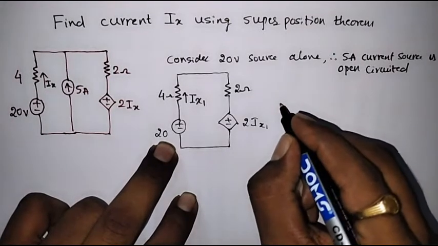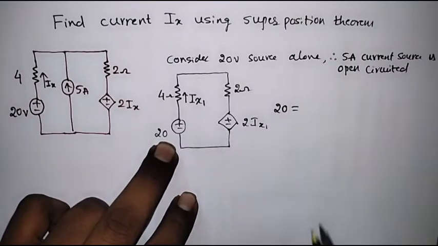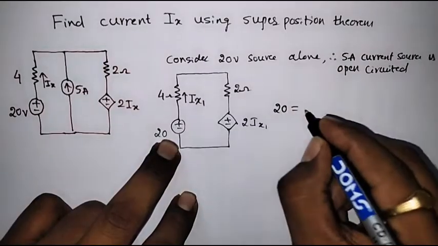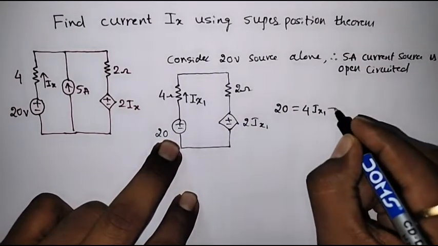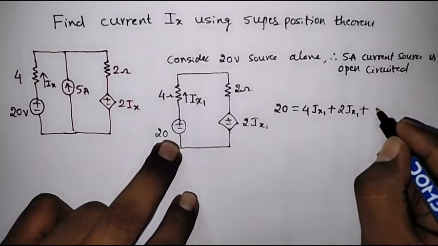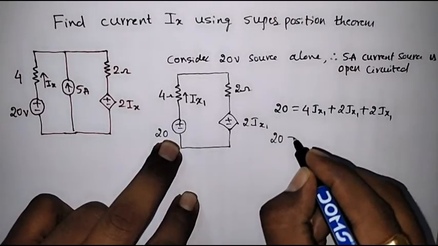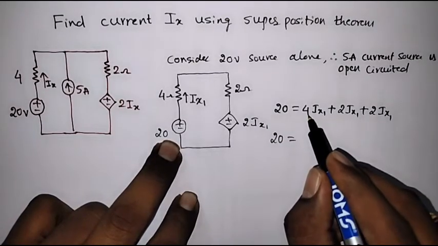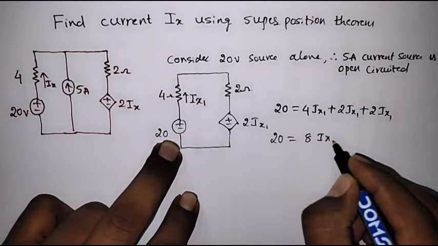Applying KVL to this loop, I can write 20 is equal to 4 Ix1 plus 2 Ix1. There is a voltage source, that is 2 Ix1. Simplifying this, 20 is equal to 4 plus 2 plus 2, that is 8 Ix1.